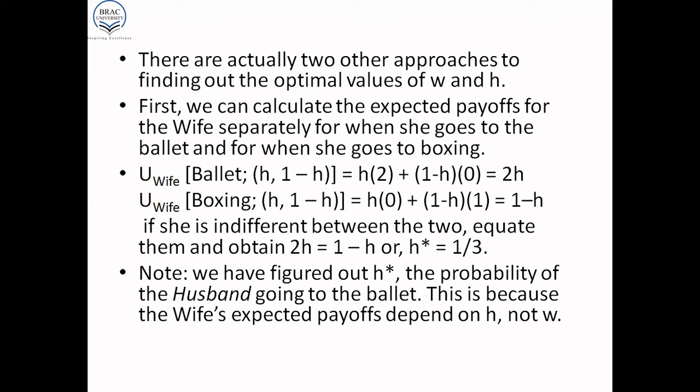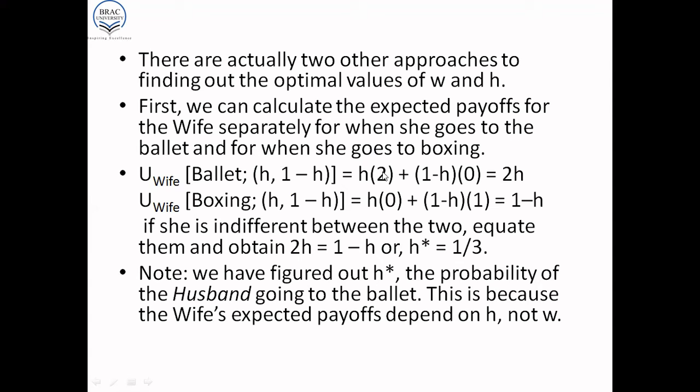Notice, and this is a thumb rule for calculating expected payoffs, H is the probability of the husband, 2 is the payoff of the wife. So always when you're calculating expected payoffs like this, use your own payoff, but the other's probability.